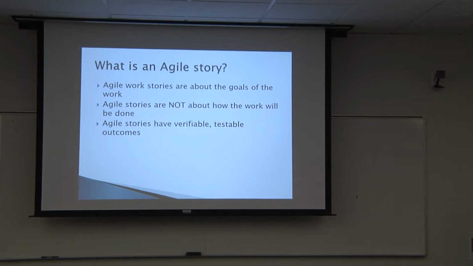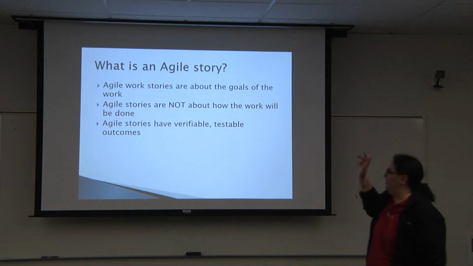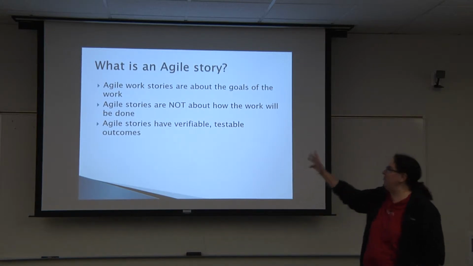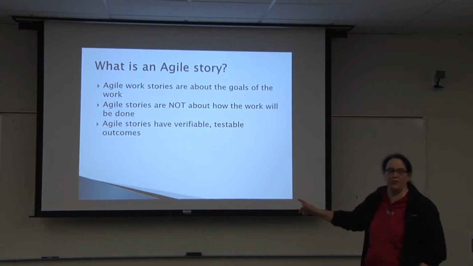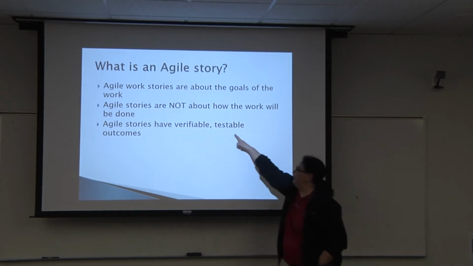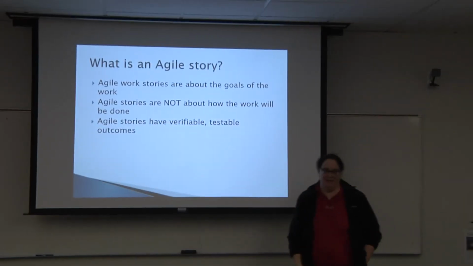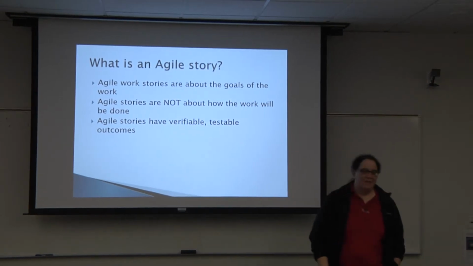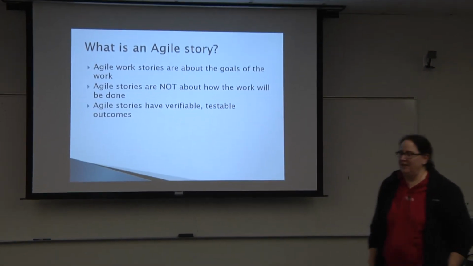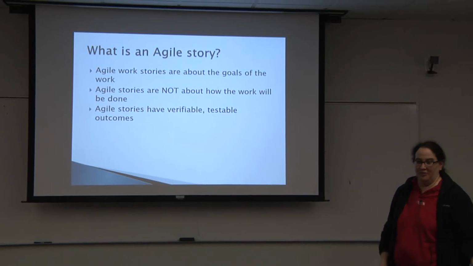Okay, so I already covered a little of this before. The whole point in Agile in general is defining the goals of the work and testable outcomes, not how the work will be done. So if I'm writing an Agile story, there are definitely things that I don't do.